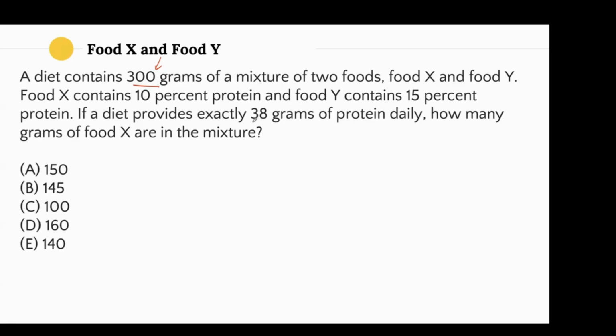If a diet provides exactly 38 grams of protein daily, so what's the weight of the overall diet? 300 grams. Out of that 300 grams, 38 grams is protein. Then what's the percentage of protein? 12.6%. Basically 38 upon 300, no? Yeah, so I found it 12.6.